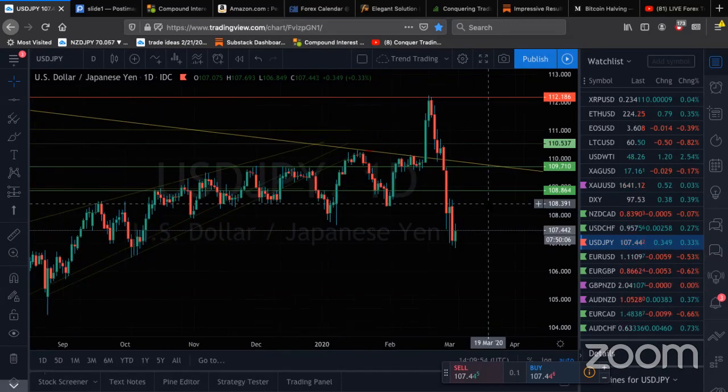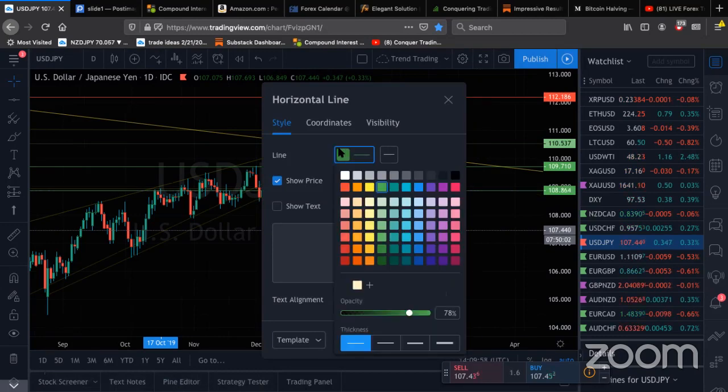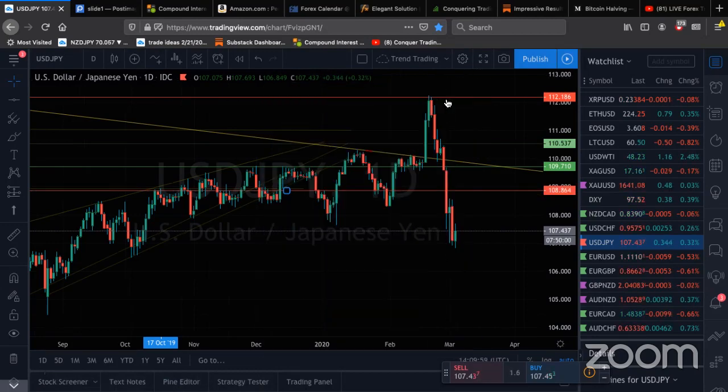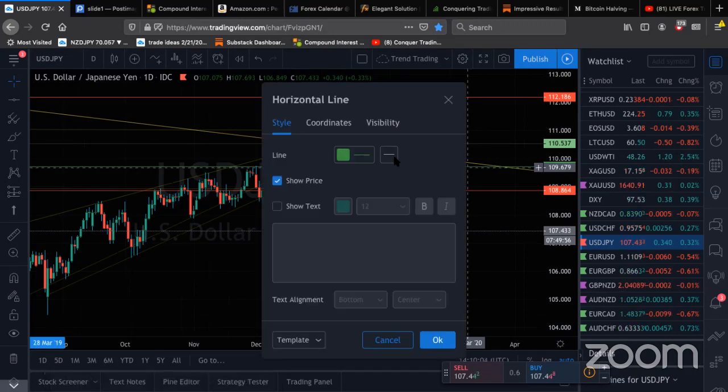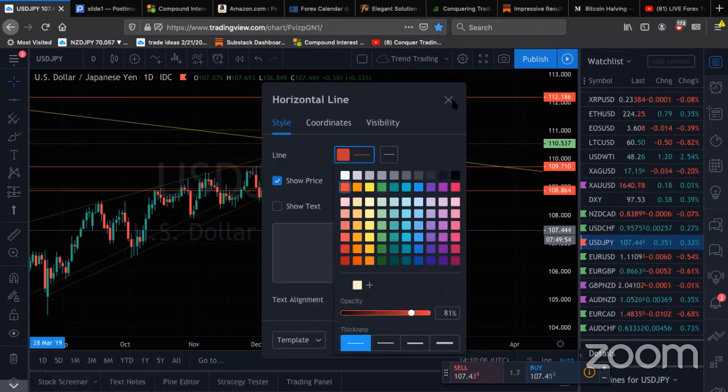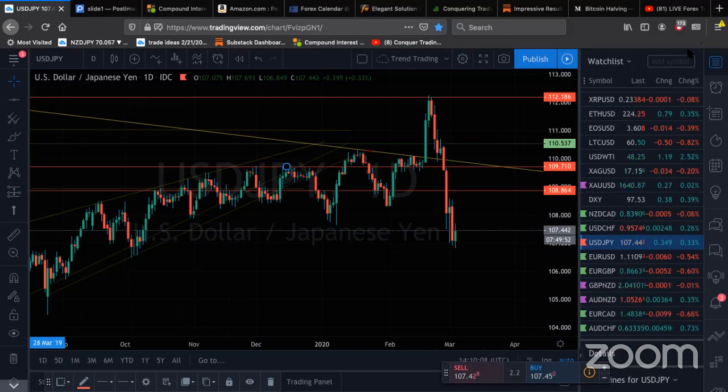It'll be interesting to see if we get a bounce up into this resistance up here at 108.86, or this would be really exciting, 109.71, which on our way down was the level that we knew that we needed to sell to buy Japanese yen. If that was broken, that turned out to be a wonderful opportunity.